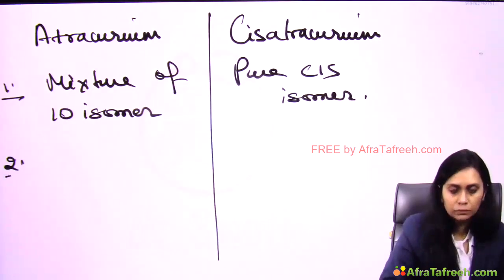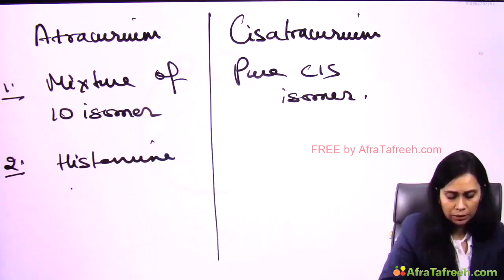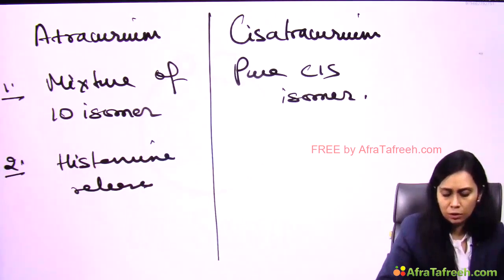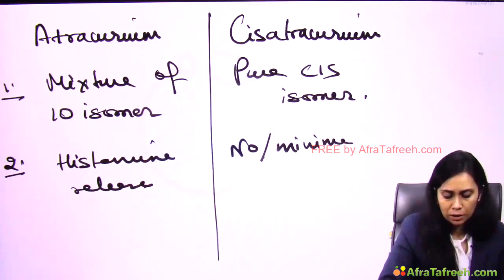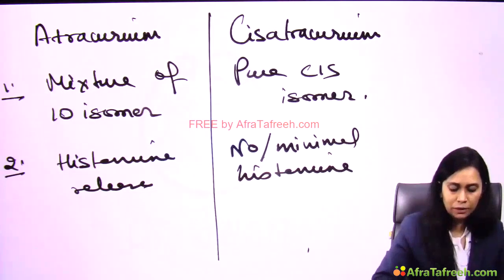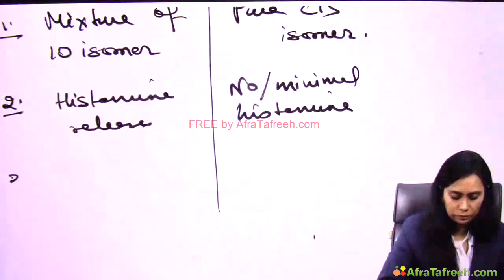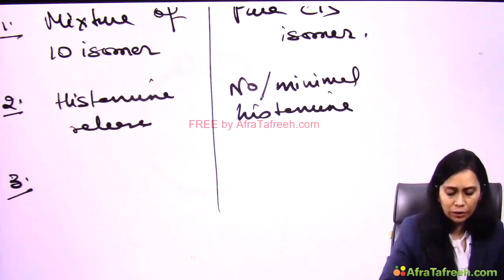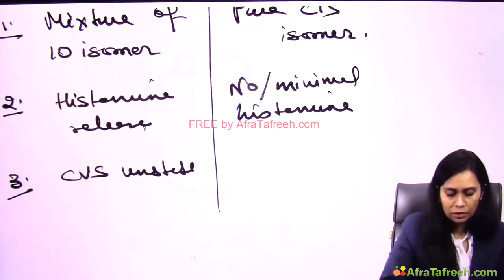Second, atracurium, histamine release. Cis atra, no or very minimal histamine. Then third point. Atracurium, cardiovascular unstable. Cis atra, cardiovascular stable.